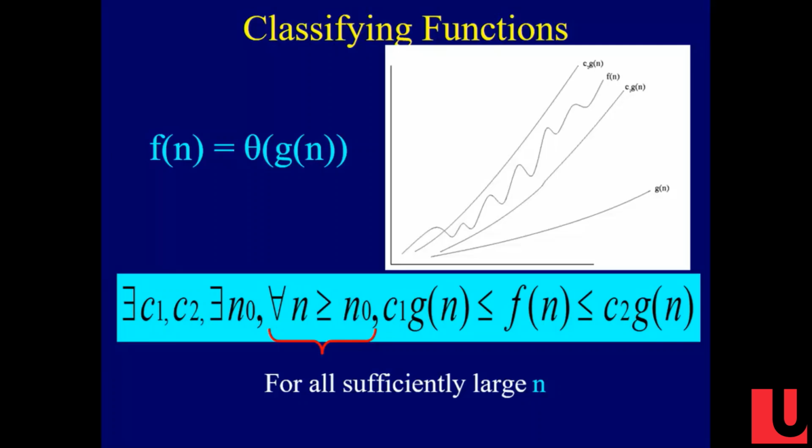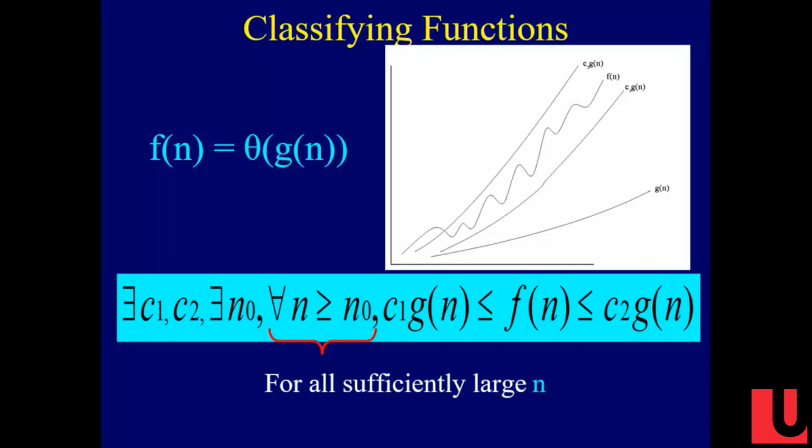Now, what's the sufficiently large part? Well, the feeling is that when n is small, things might just be bouncing around and we haven't really gotten a pattern yet. So we only need it to be true for every n bigger than some n naught. Often we use n naught for the beginning n.